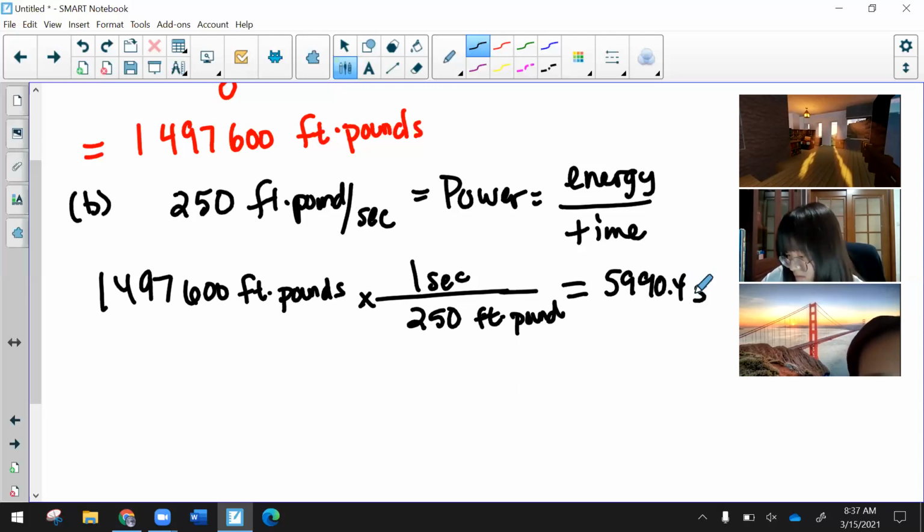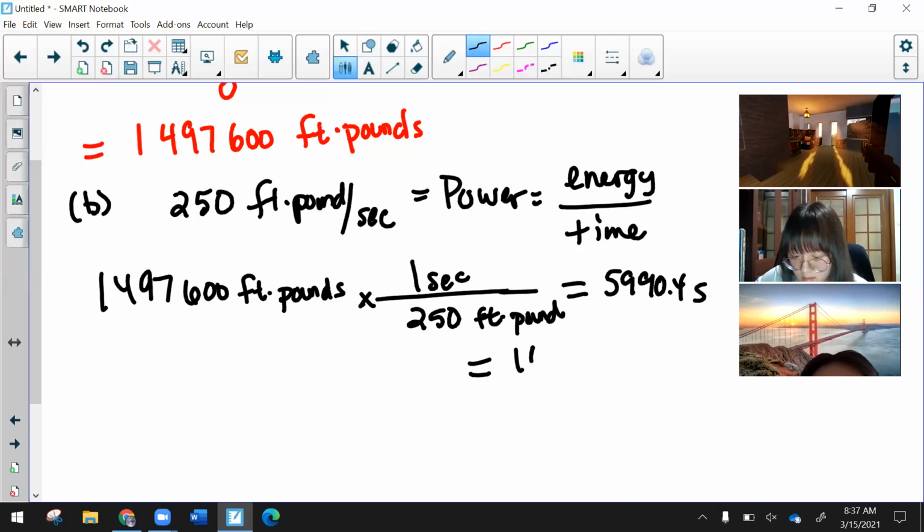Okay, so 5,990.4 seconds. I don't know how many. I have no idea what that means. Let's put it into a unit that is something we can like relate to. Can we convert that to minutes? How many minutes is that?